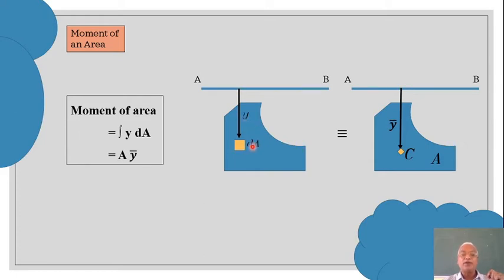Now what is the moment of this elemental area about AB? It will be nothing but dA into y, or y dA. Now if I want the moment of all this area about AB, I have to integrate. So the integral of y dA will be equal to A into y bar.